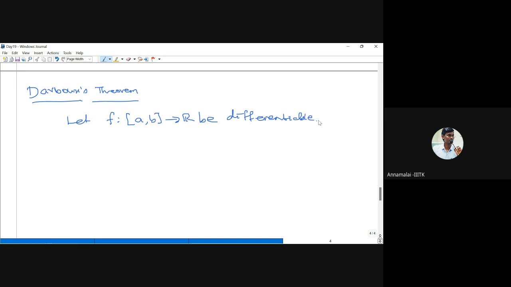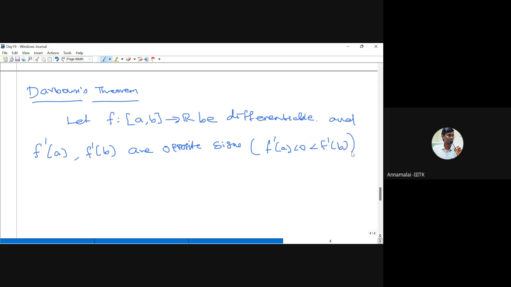And f dash of a and f dash of b have opposite signs, that is, f dash of a is less than 0 and f dash of b is greater than 0. Then there exists c in the open interval (a, b) such that f dash of c equals 0.